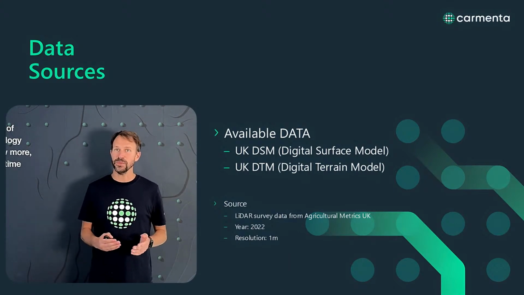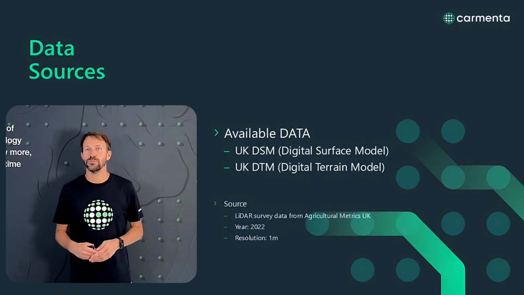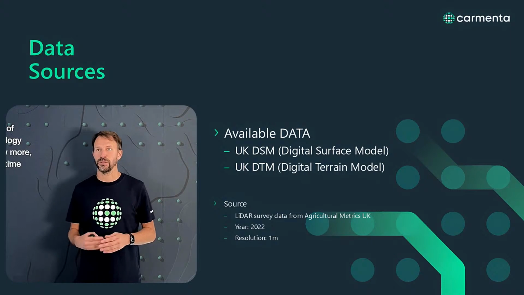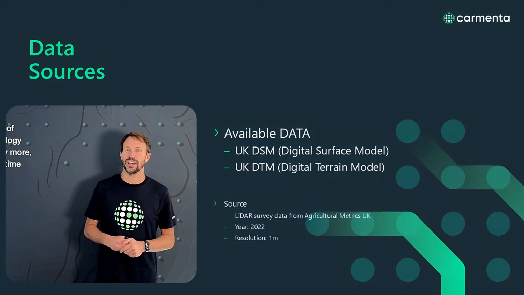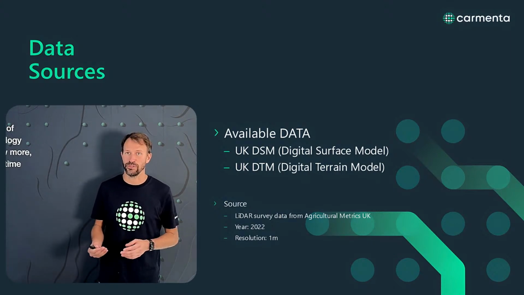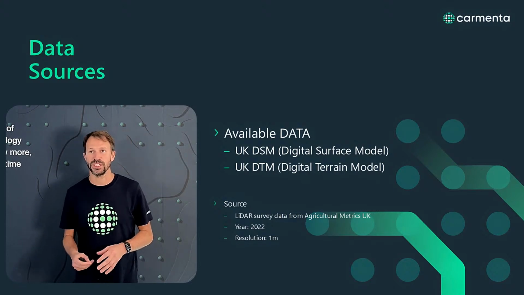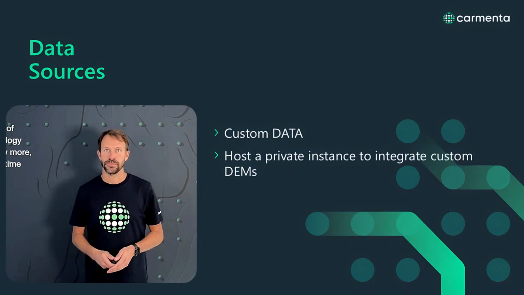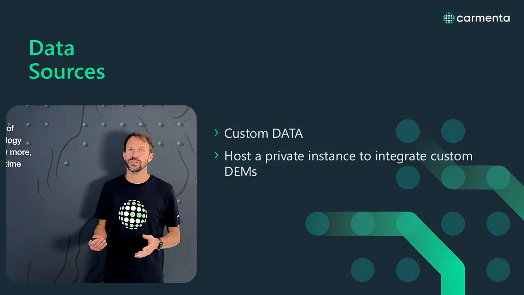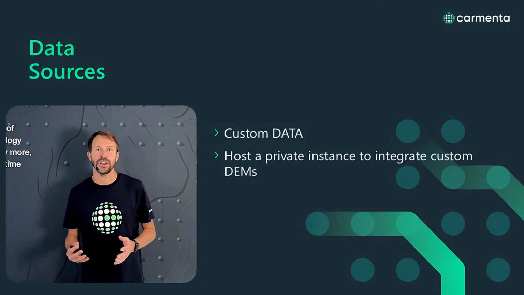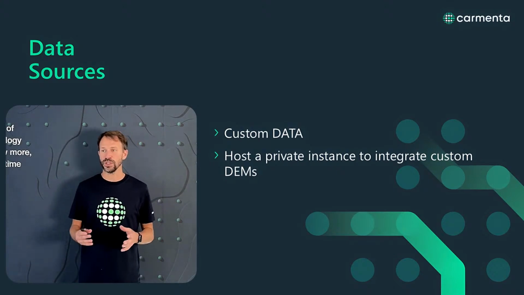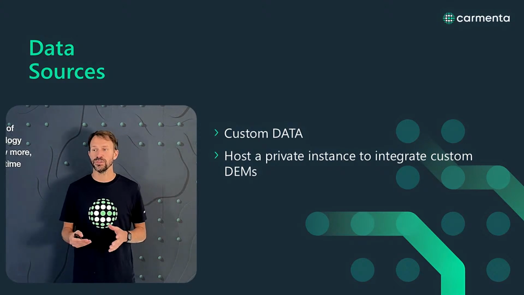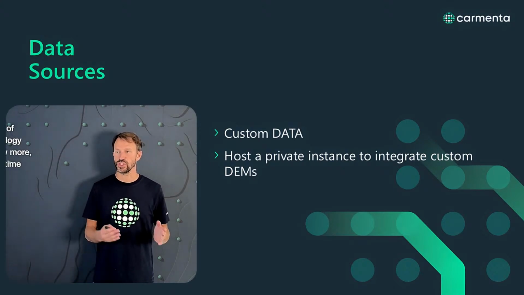Also, we have the DTM, the Digital Terrain Model, which includes bare earth elevation, with surface features like buildings, vegetation, and other structures removed using bespoke algorithms and manual editing of the data. You could also host your own data. This can be done by hosting your private instance, either locally, in the cloud, or hosted by us. That way you can have your own data segregated from the shared public data.